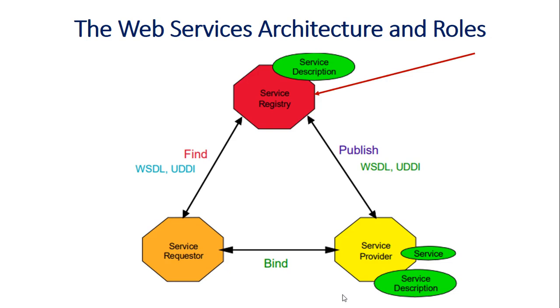For statically bound service requesters, the service registry is an optional role in the architecture because a service provider can send the description directly to the service requester. Likewise, a service requester can obtain a service description from other sources besides a service registry, such as a local file, FTP site, website, advertisement and discovery of services like ADS, or discovery of web services like DISCO.